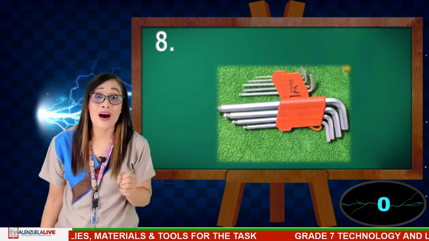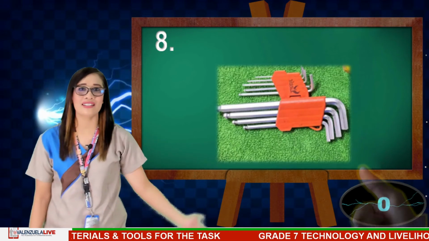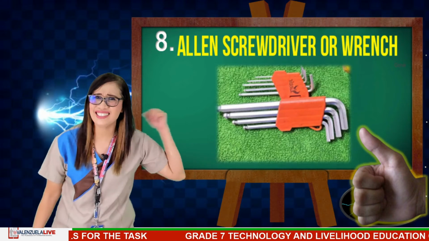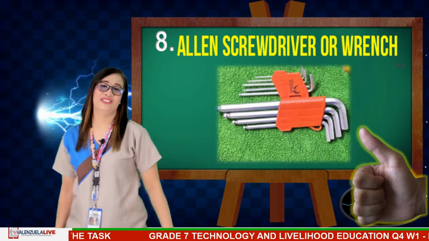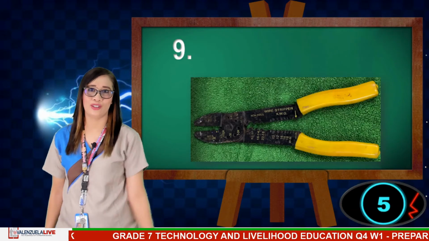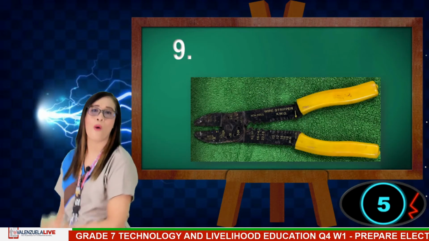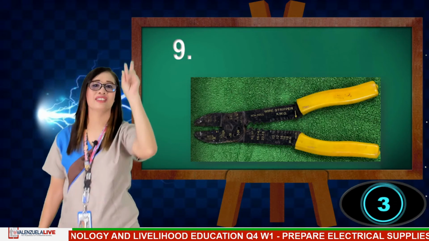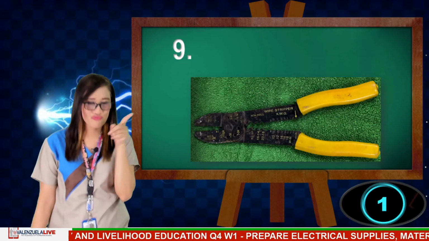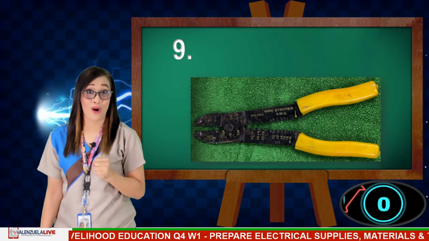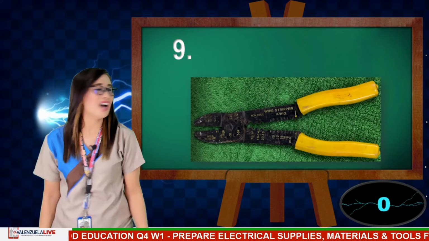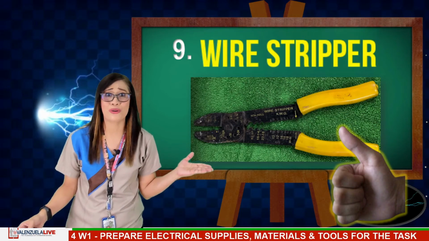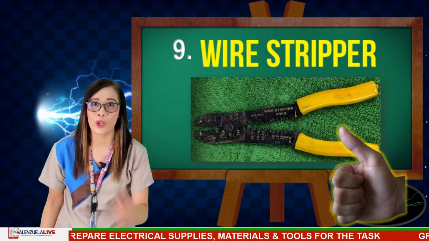Time is up. If your answer is Allen screwdriver or wrench, you're a genius. Number 9, your time starts now. All right, if your answer is wire stripper, you're incredibly intelligent.